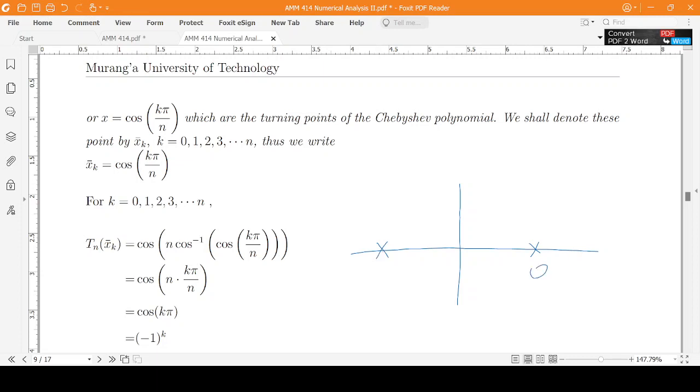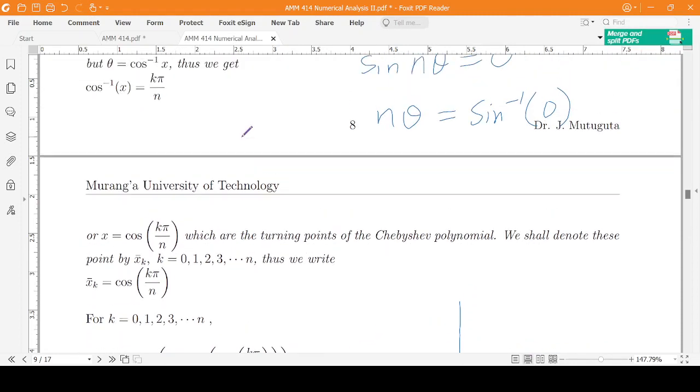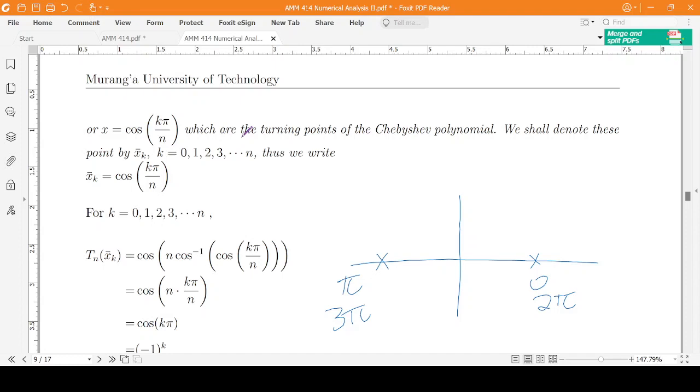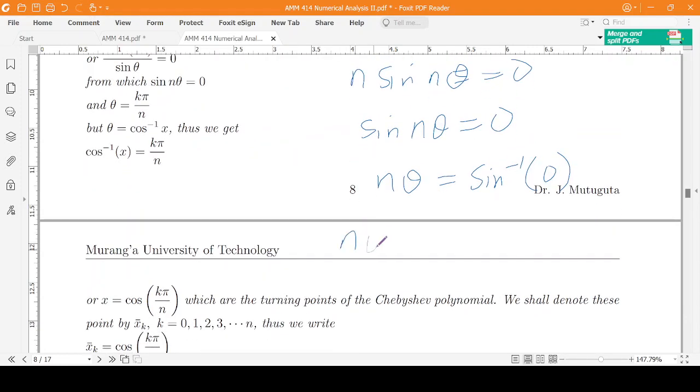So at 0, pi, 2 pi, 3 pi, and so on. So we can write n theta is equal to 0, pi, 2 pi, 3 pi, and so on, which we can write as k pi. And theta is the same as k pi divided by n.